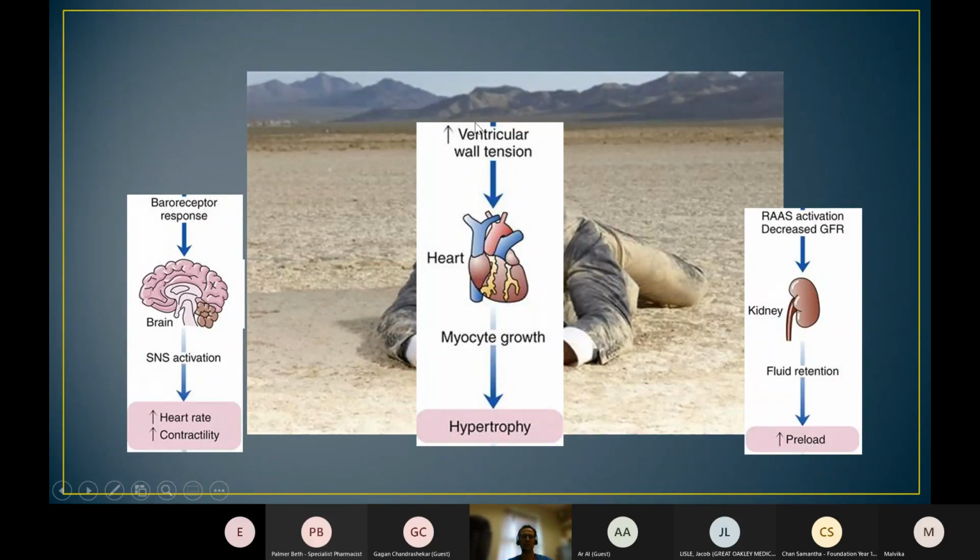These processes cause the adverse remodeling, the ventricular wall tension and myocyte hypertrophy. So it's an inappropriate activation of natural pathways that are there to deal with natural problems, which get out of control in heart failure and cause the steady deterioration.